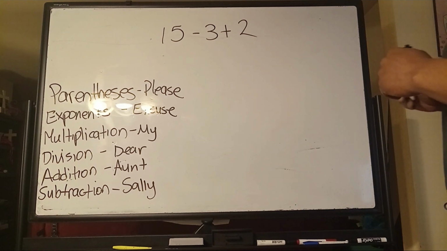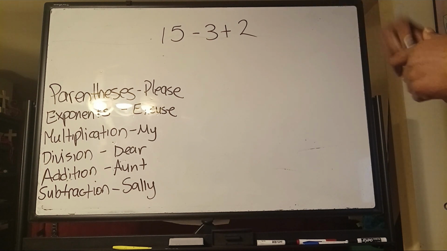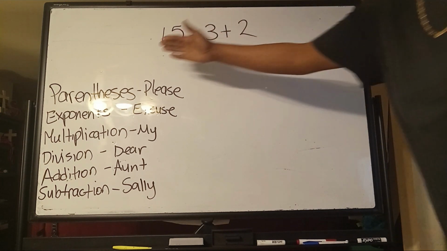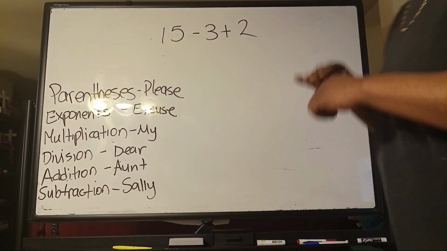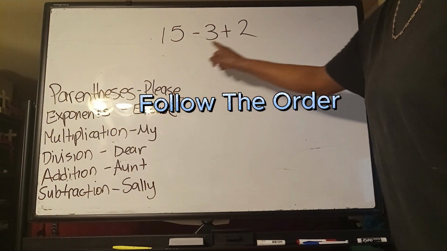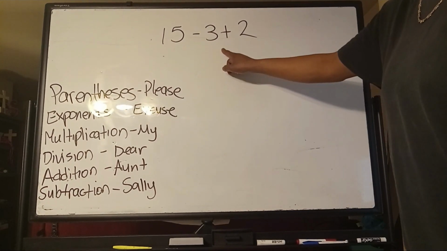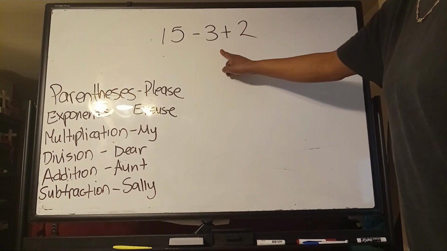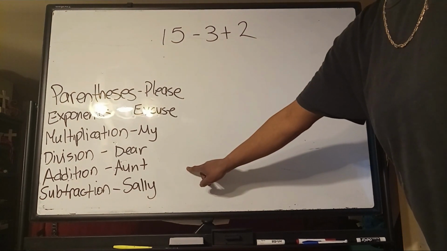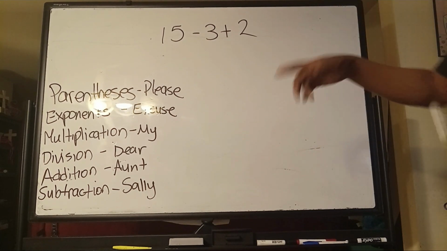Addition and subtraction is last in the order of operations. And when I say last, multiplication and division has to go first. Exponents have to go first. And parentheses have to go first. So that's why it's in this order. And you have to look at every problem in this order. You look, parentheses, no. Exponents, no. Multiplication, no. Division, no. Addition, yes. Right? So once you look, addition and subtraction, yes.